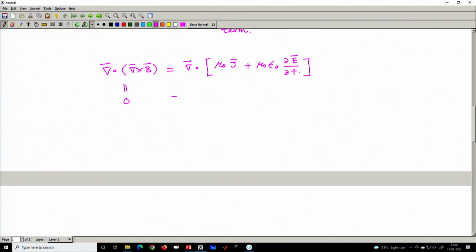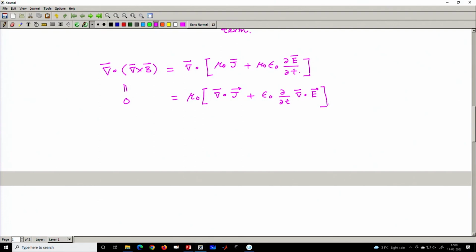Now this quantity I can write as mu 0 times the divergence of J, taking mu 0 common, plus epsilon 0, and for del by del t I can switch the operator, putting the divergence operator inside the derivative because they are independent of each other.